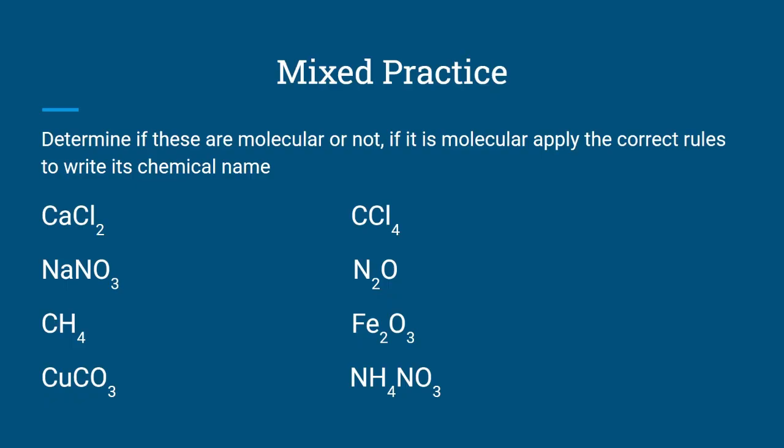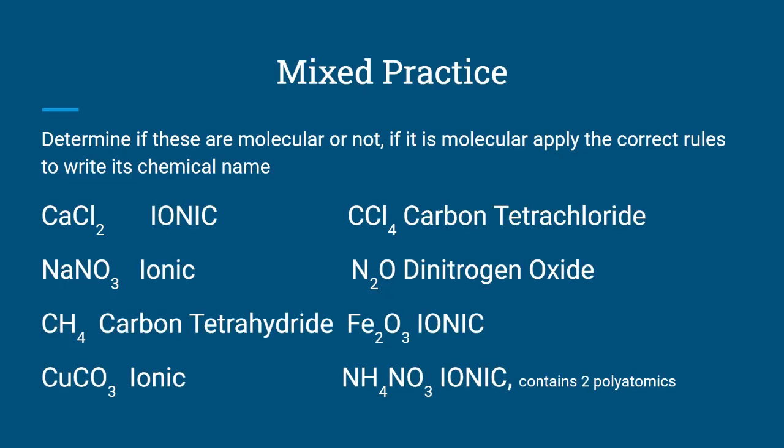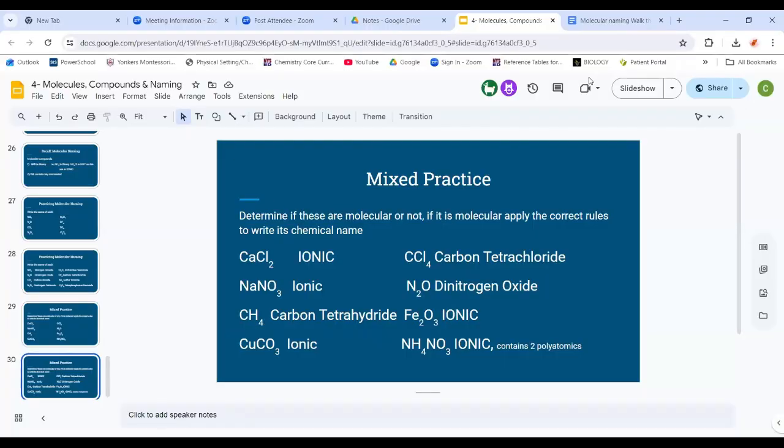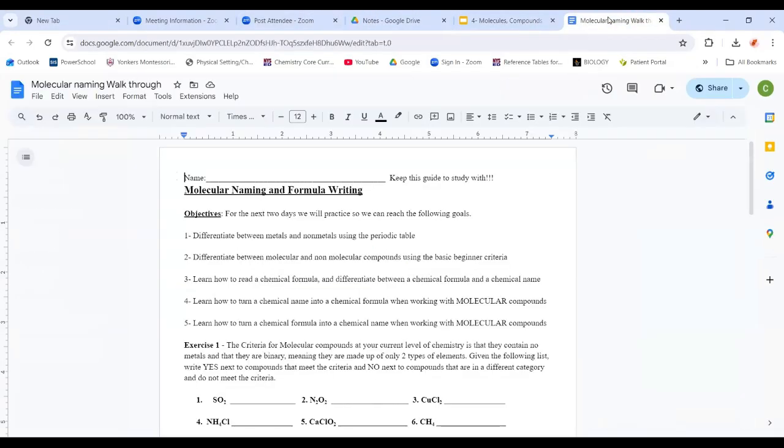Two nonmetals, has to be binary, has to be all nonmetals. And so here we go through that. So it's pretty much at the end of the slideshow, and it's not very much because molecular naming is actually the easiest naming. It gets a little more complicated when we get to ionic naming.